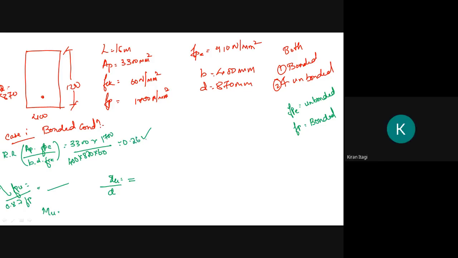Then what is the ratio FPU by 0.87 FP? Good, Prasad. Good.